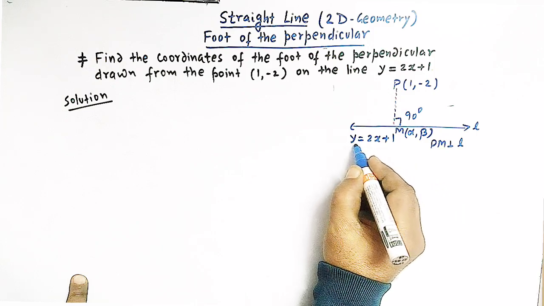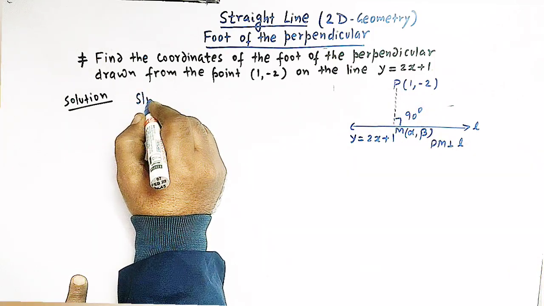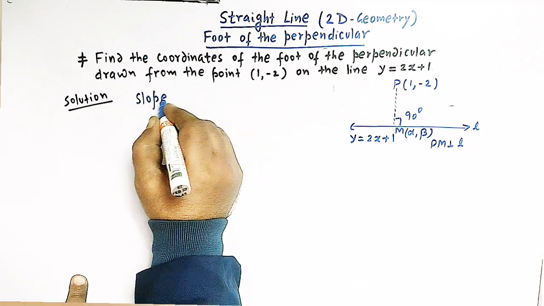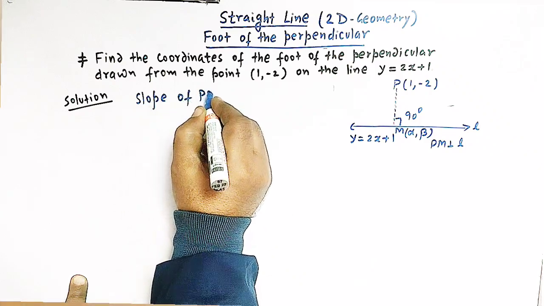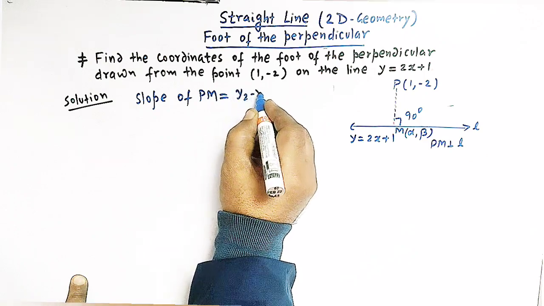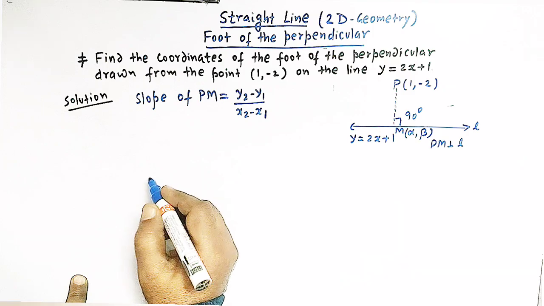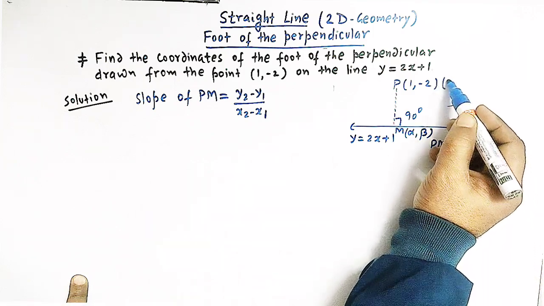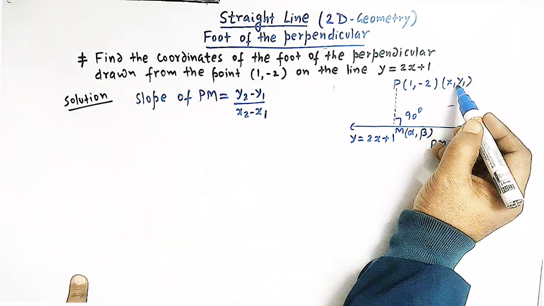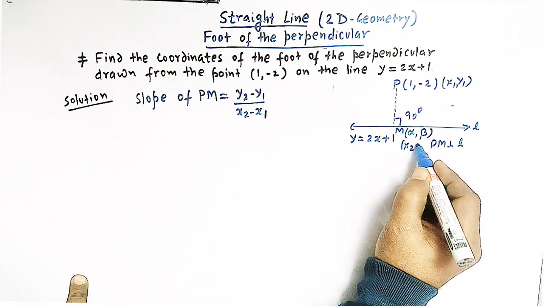So here we can see that the slope of this line PM is given by the formula y2 minus y1 over x2 minus x1, right? So this point P can be taken as (x1, y1), and this point M may be taken as (x2, y2).